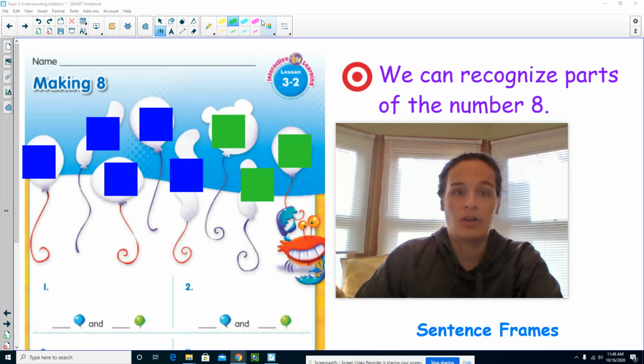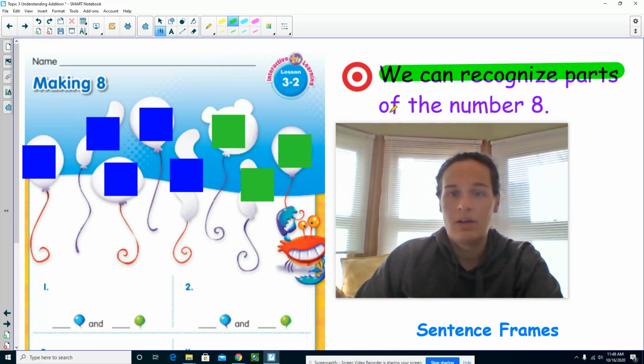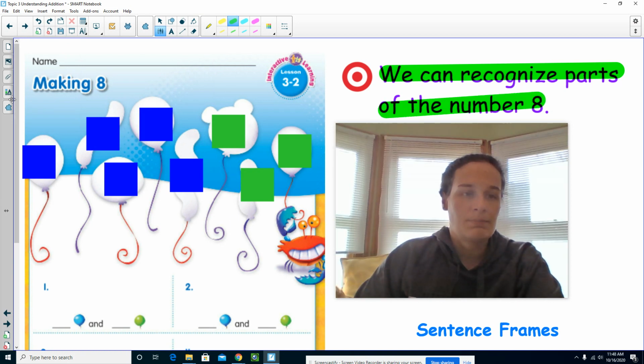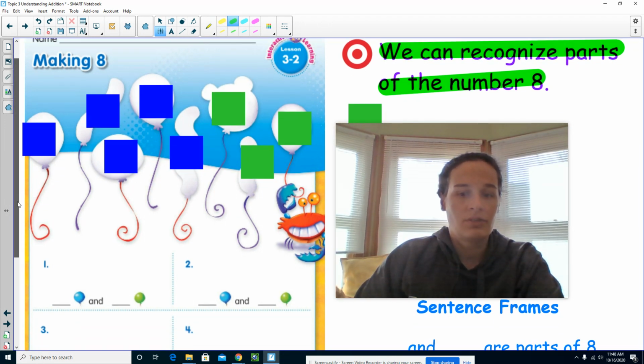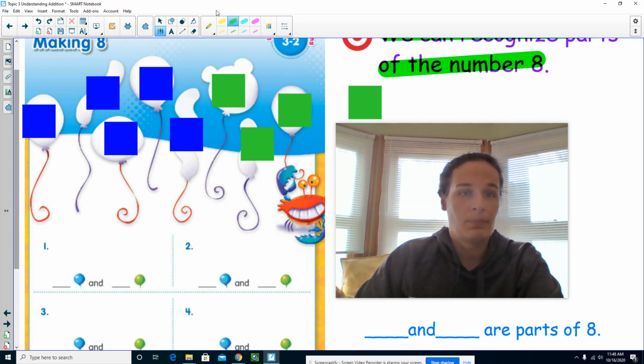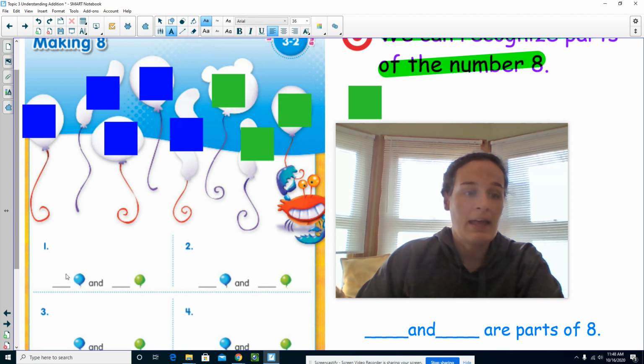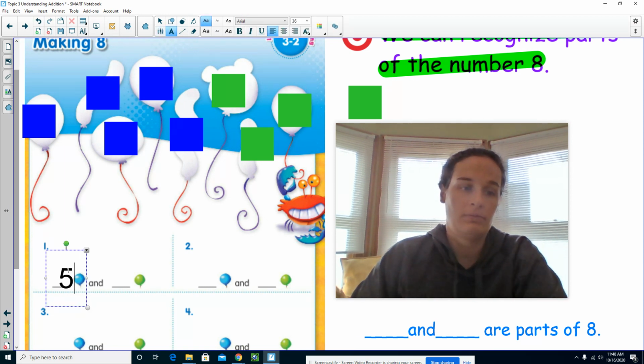Let's take a look at our learning target. We can recognize parts of the number 8. Look at this problem. We are making 8. So this is going to be 8 balloons. We are going to go ahead and count these balloons. 1, 2, 3, 4, 5. So we found 5 blue balloons.